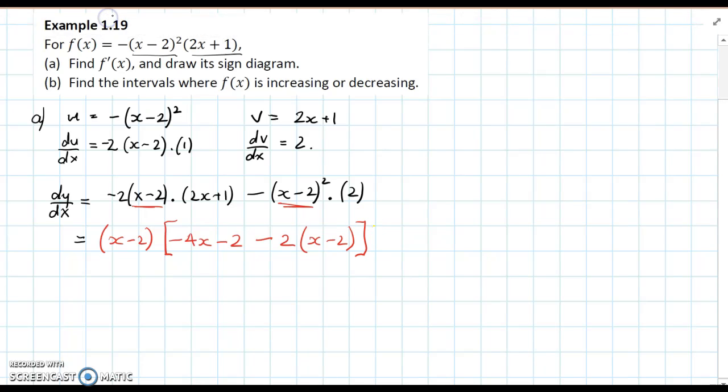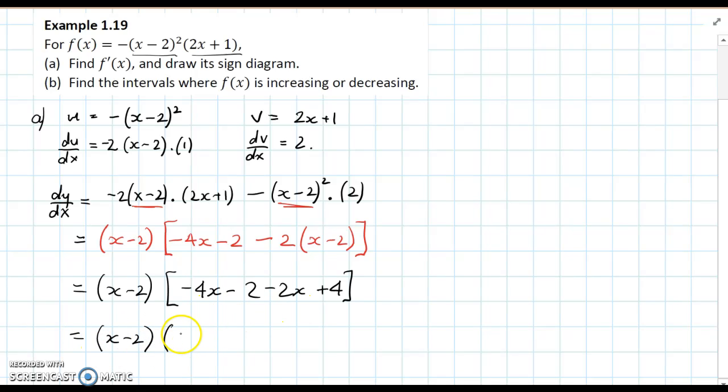Again, neatening that up, (x take 2) as a common factor, negative 4(x take 2), take 2x plus 4. Finally, (x take 2), we're going to have negative 6x plus 2 as our derivative.